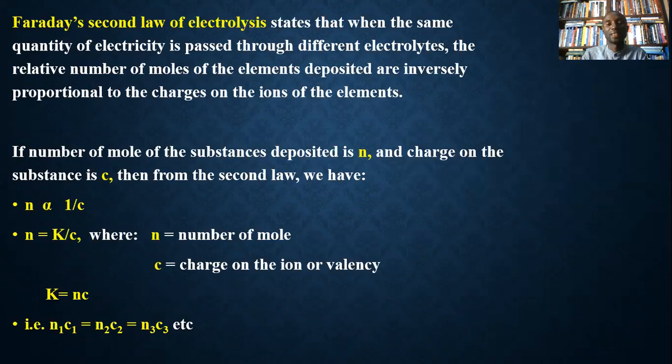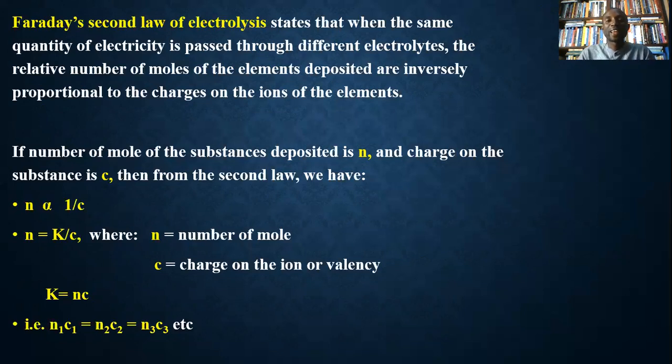If N is used to represent the number of moles of a substance deposited, and C is used to represent the charge of the ion, it means that N is inversely proportional to C. Then removing the sign of proportionality, N = K/C, where N is the number of moles and C is the charge of the ion.